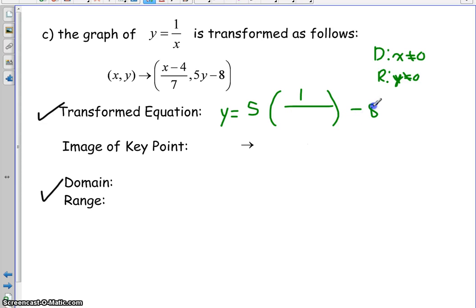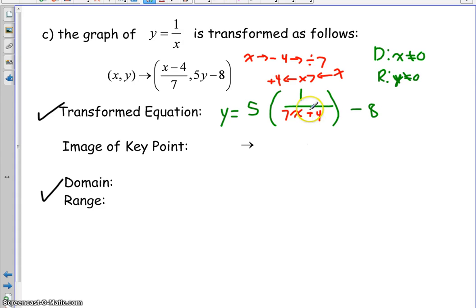I'm going to have minus 8 out here. For the inverse here, it's x minus 4, then divided by 7. So I'm going to have x times 7 in the inverse, and then plus 4.